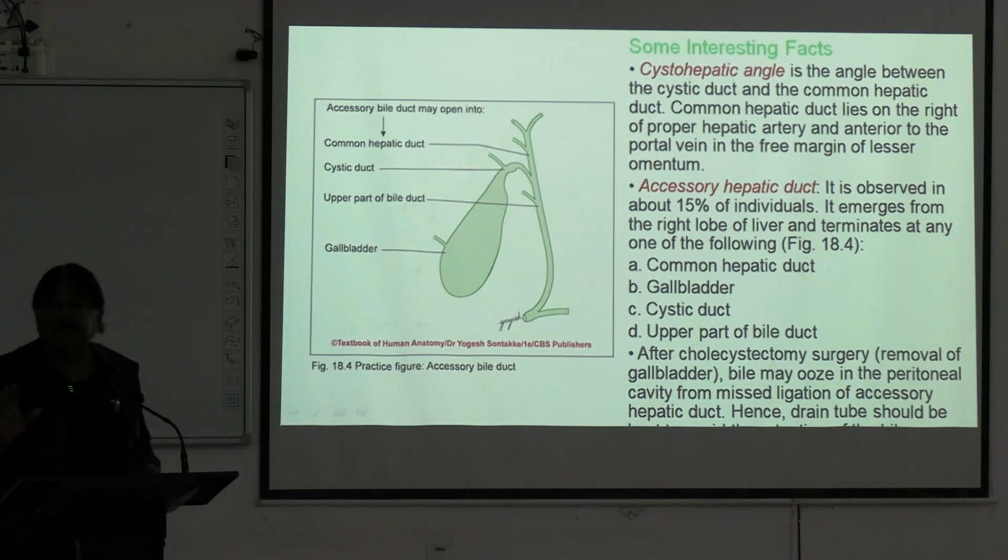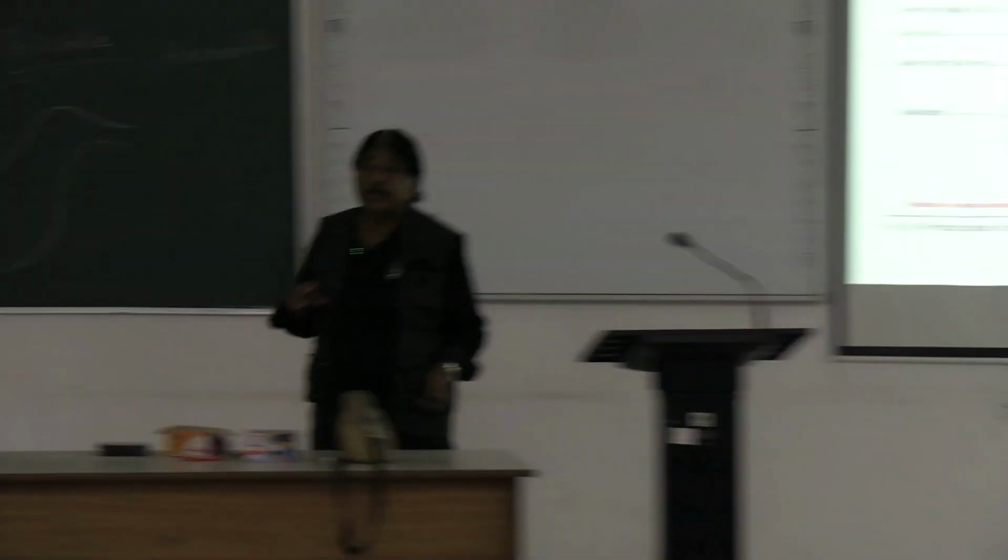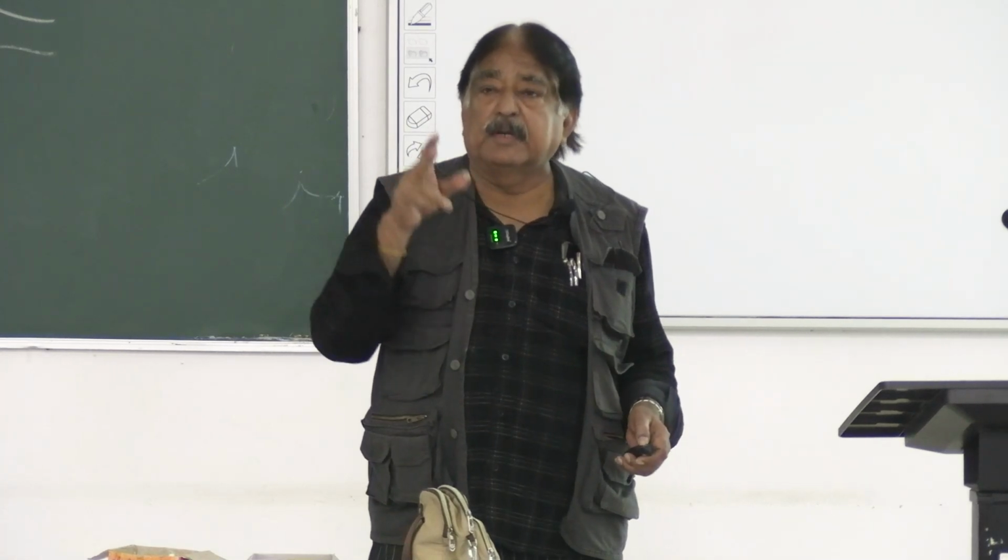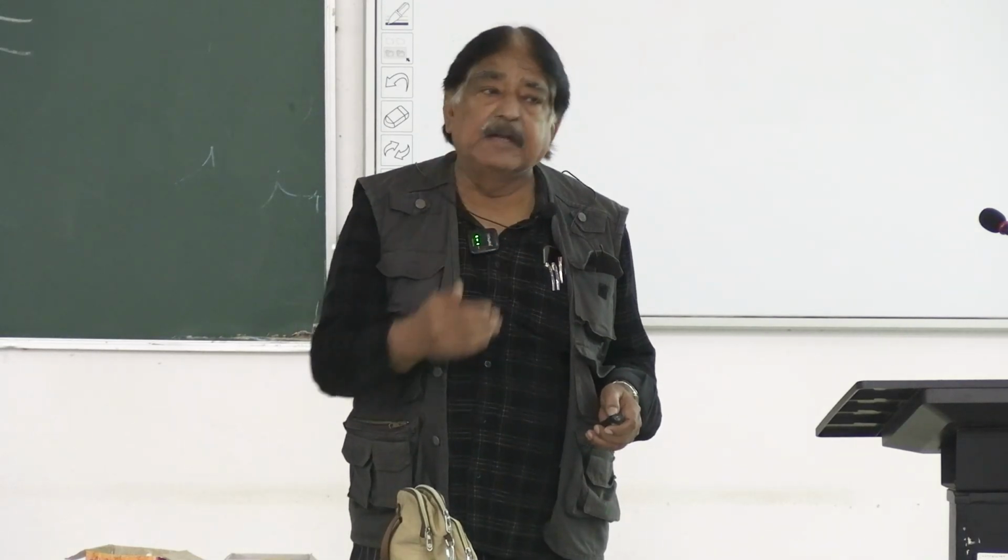Now, this is very important because of the gallbladder and cystic duct: whether laparoscopy or anything, you have to be sure that you have ligated and cut, otherwise there will be biliary leakage.